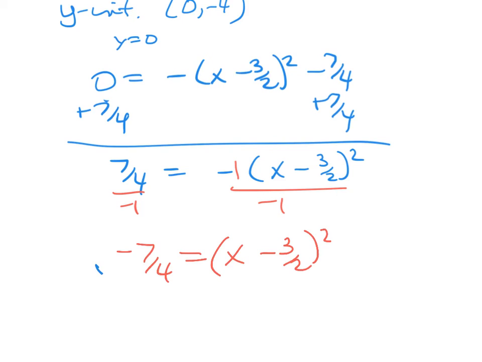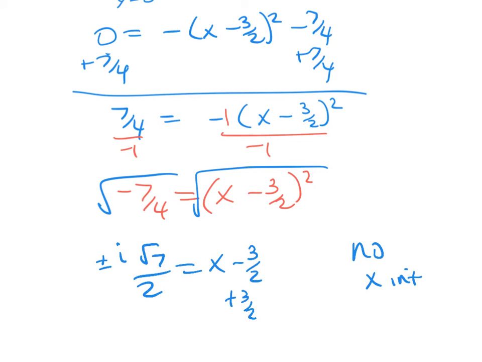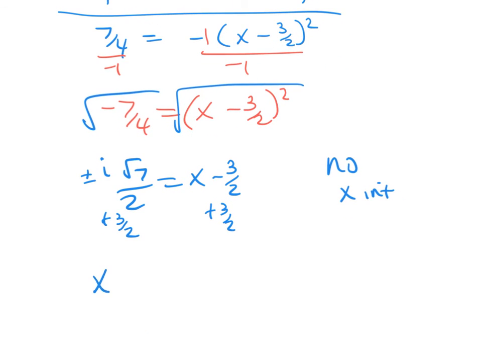When I apply the square root method, notice I'm getting an imaginary number. So this will have no x-intercepts. If you wanted to go ahead and solve it, it's plus and minus i radical 7 over 2. Add the 3/2. We're not graphing imaginary numbers.